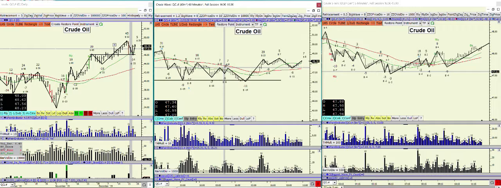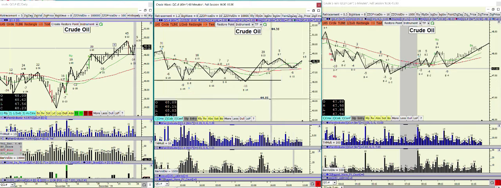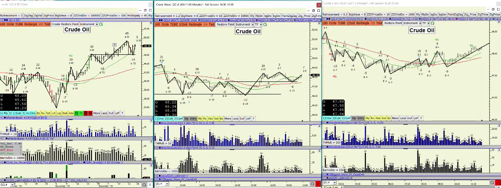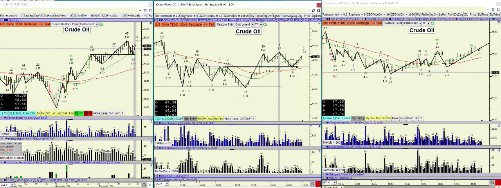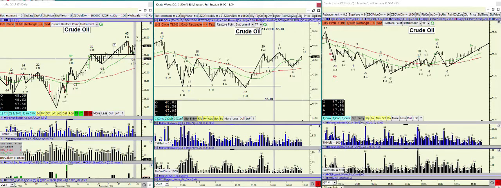If you draw the line, it's the same drive down to test. And now the fun begins. First of all, where's the breakout?